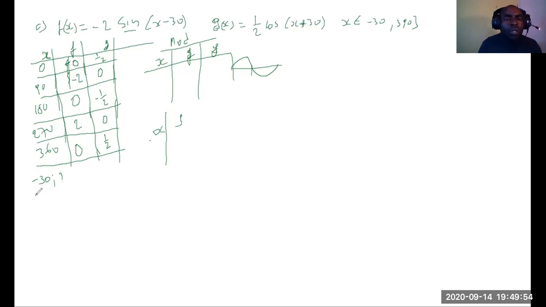Now we have got a 30 and 0. Then from 30, if we add 90, 120, and negative 2.